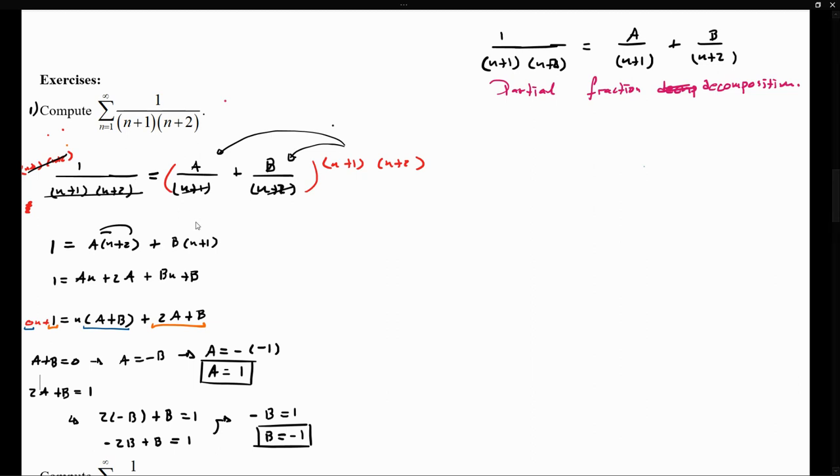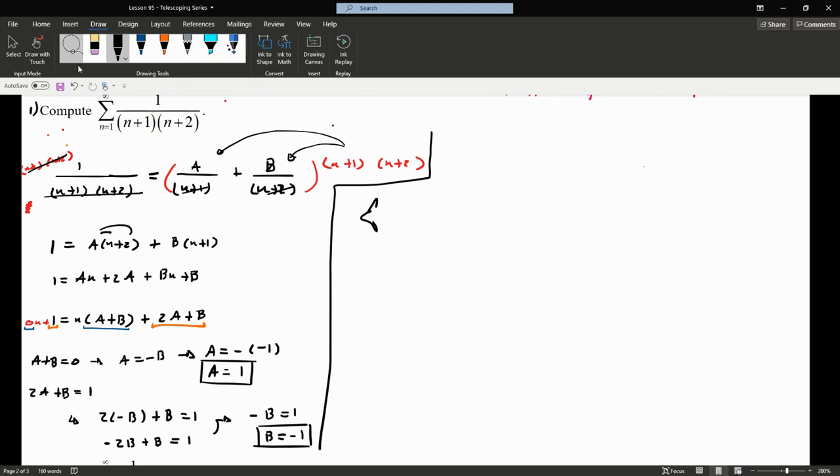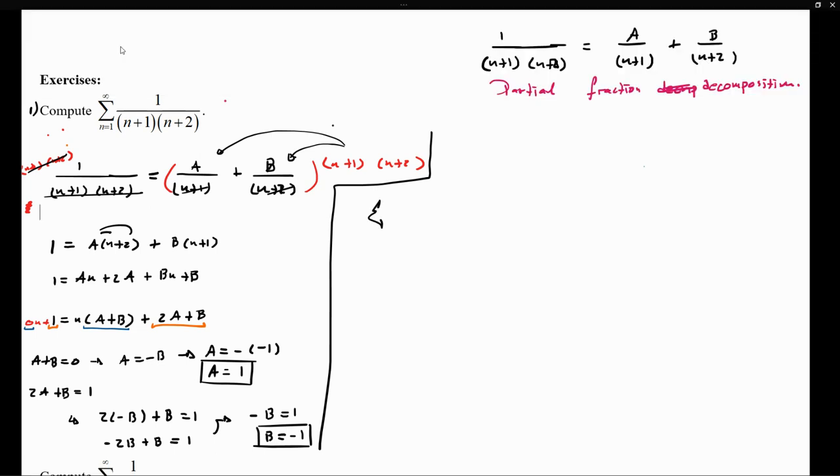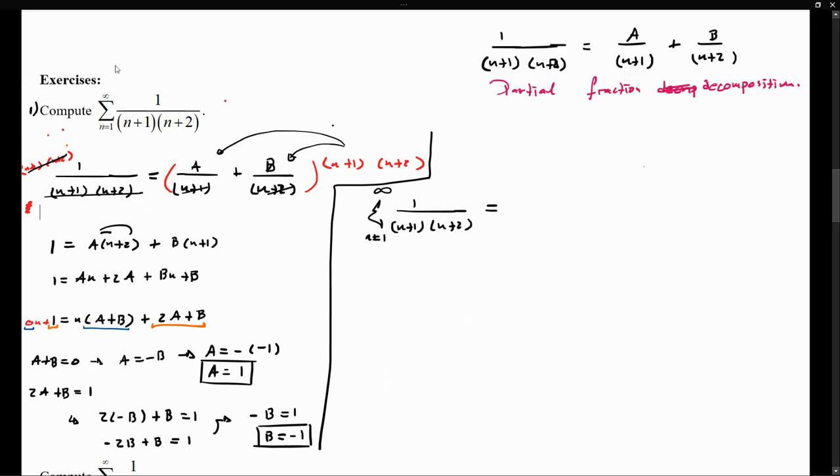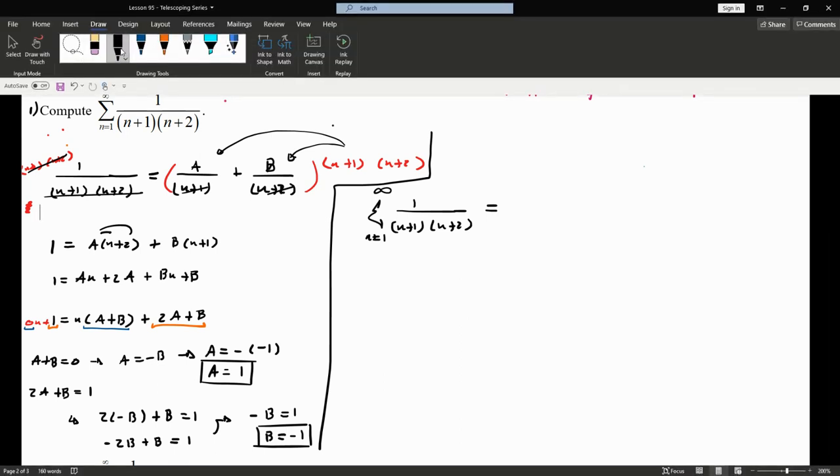Now we can say that the infinite series that we were given, since they're equivalent, they should have the same sum.